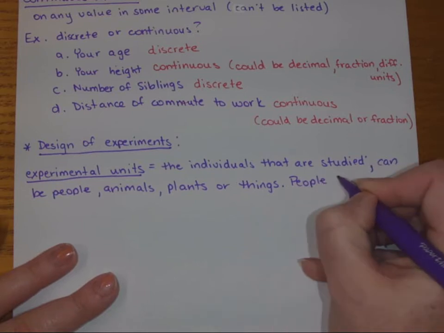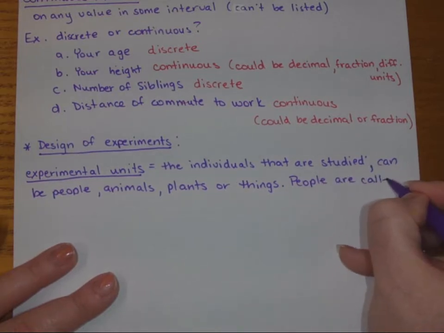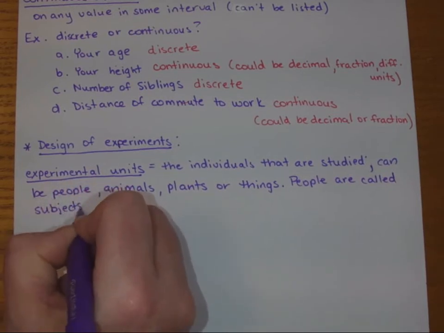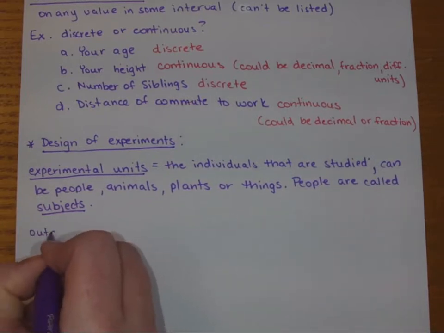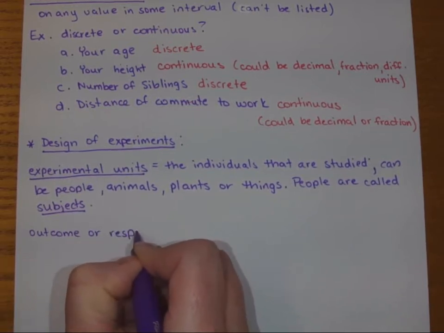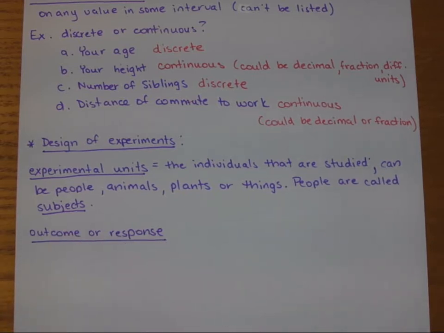But when it is people that you are studying, you usually call them subjects. So when the item being studied is a human being, a person, we call it a subject. Okay. What you're often studying in an experiment is some sort of outcome or response.